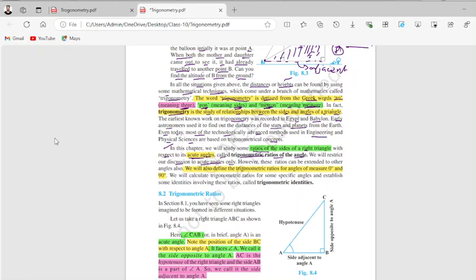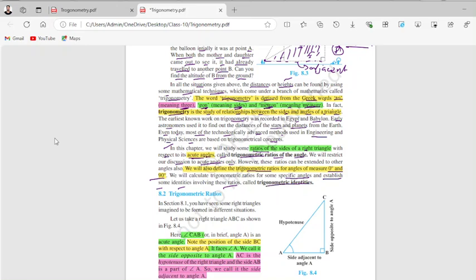However, these ratios can be extended to other angles also. We will also define the trigonometric ratios for angles of measure 0 degrees and 90 degrees. We will calculate the trigonometric ratios for some specific angles and establish some identities involving these ratios, called trigonometric identities.